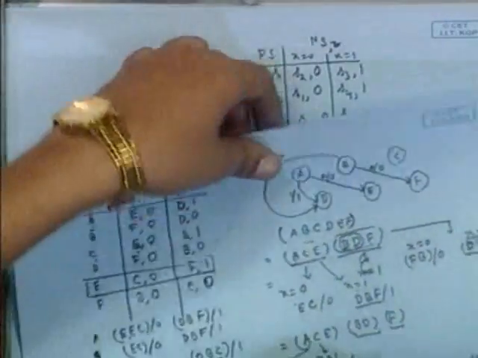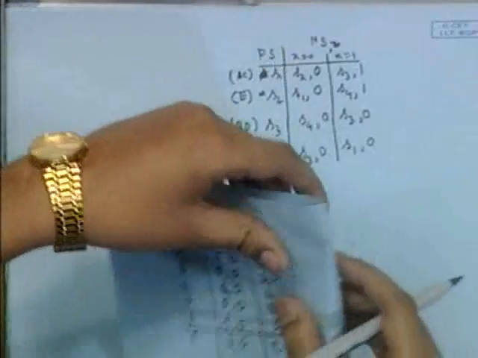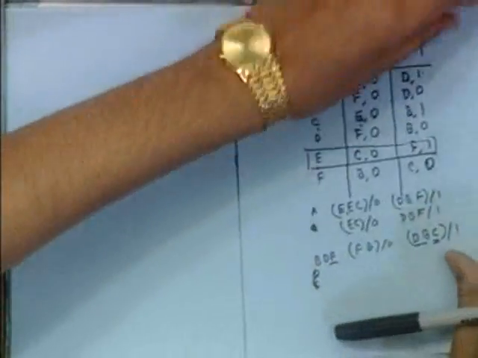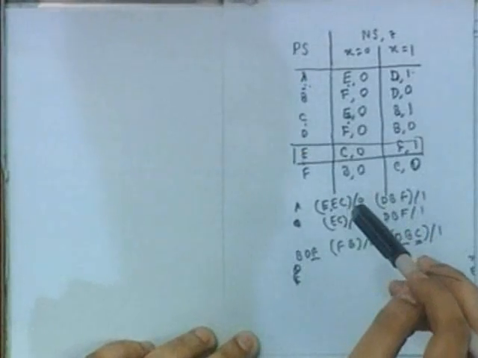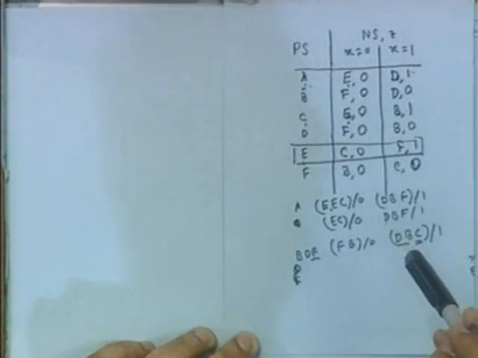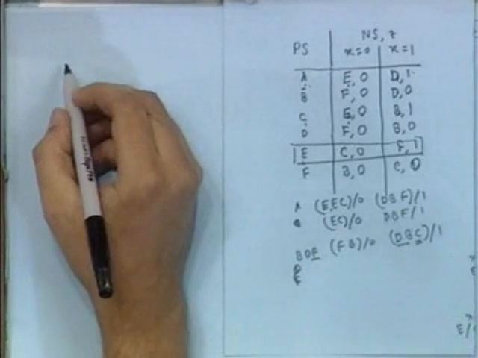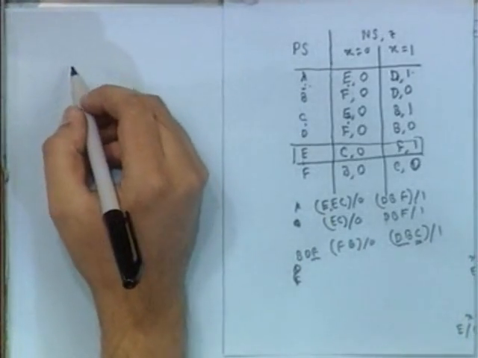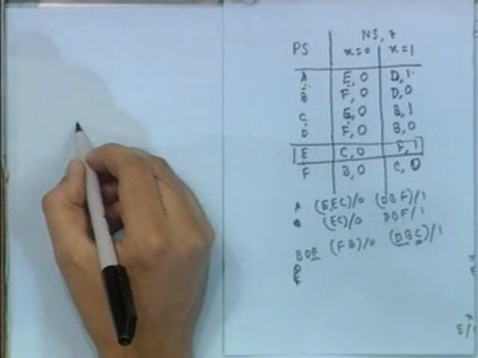Now we will do the same state minimization using another algorithm. This was the top down approach. Now we will see the bottom up approach. Okay, this is somewhat straightforward, much easier to understand.